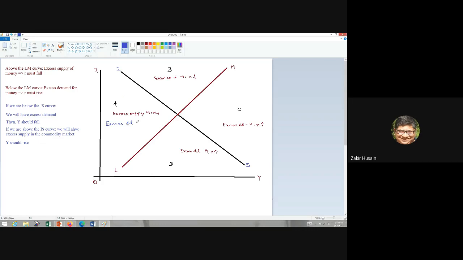So if we have excess demand in the commodity market, then Y should rise. I have corrected this. This is also excess demand in the commodity market, so Y should rise. This is excess supply in the commodity market, so Y should fall.